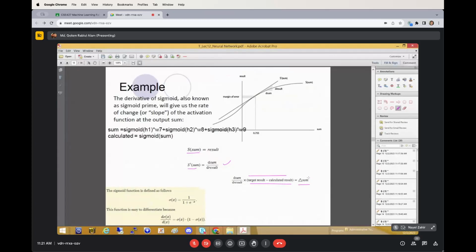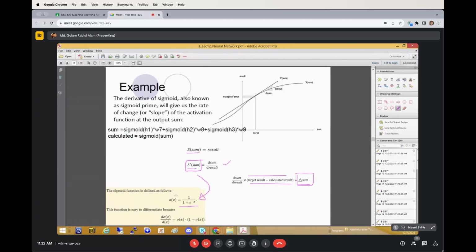Okay, delta sum. So we calculated the delta sum, and one property of our sigmoid function is that we have to take the derivative of this sigmoid. One property of the derivative of the sigmoid we discussed in our last class. This is the sigmoid function.